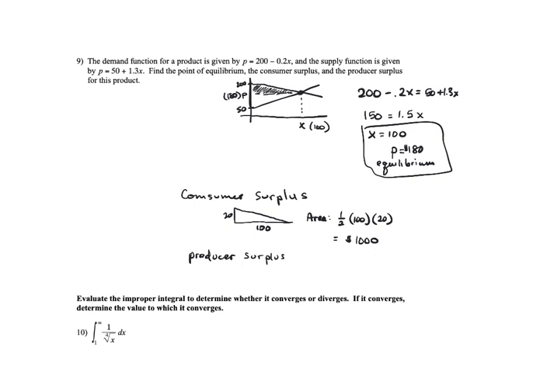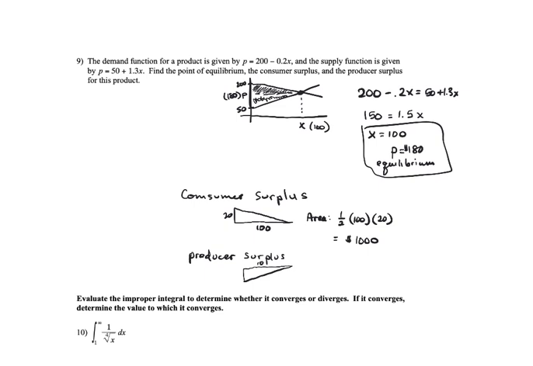Producer surplus would be the area underneath the horizontal line of price equilibrium and above the supply function. So it'd be this area right here. That can be represented with, again, another triangle, only because the supply function is linear.